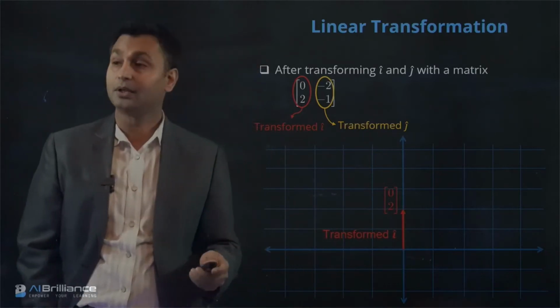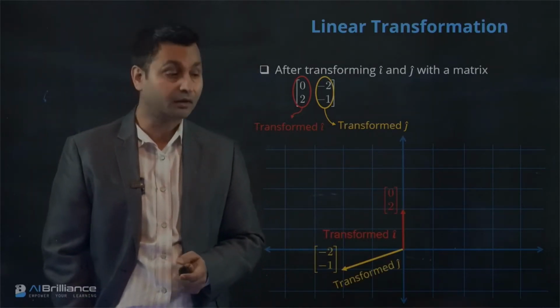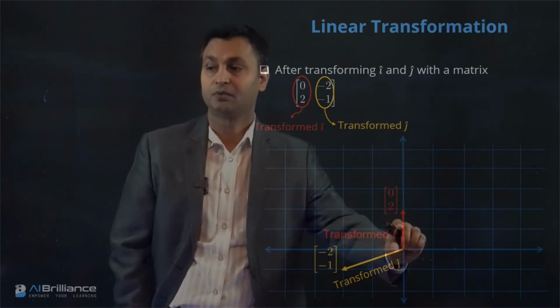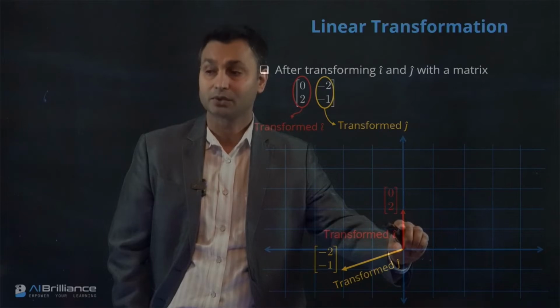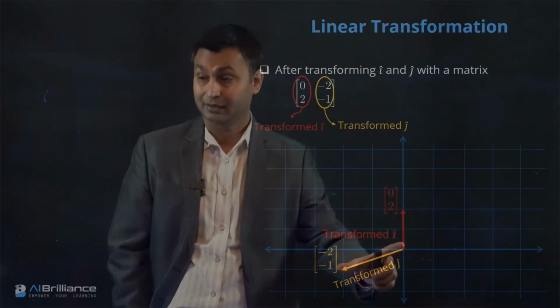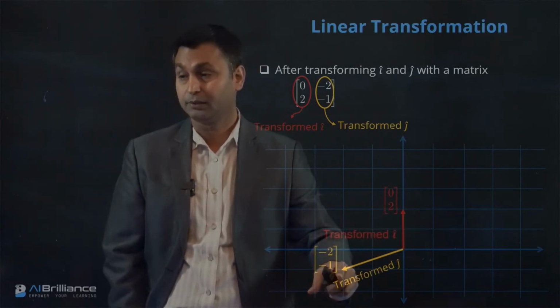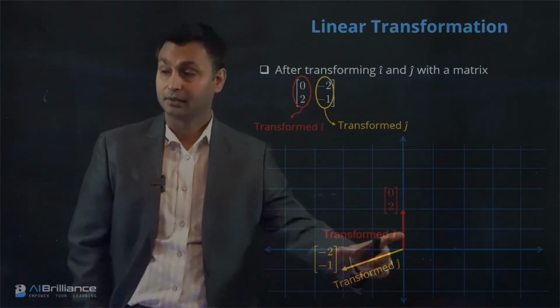Similarly, the second column corresponds to the transformation of the j unit vector. Before applying this matrix, j was right here, one unit, but now it has scaled, it has become bigger in magnitude, and it has rotated. The unit vector corresponding to this multiplication by the matrix is given by this.